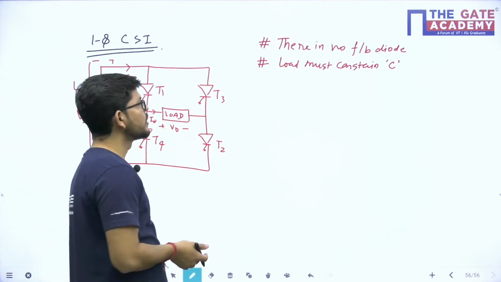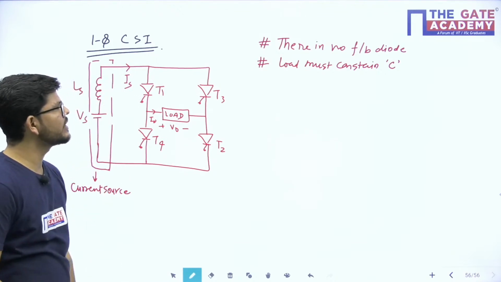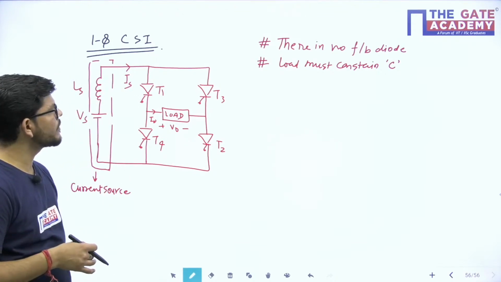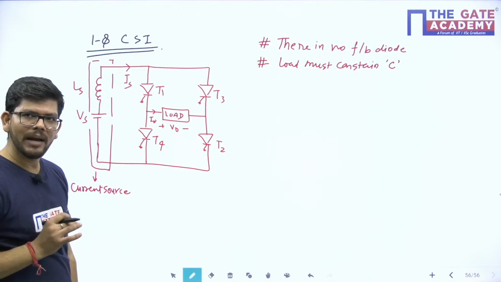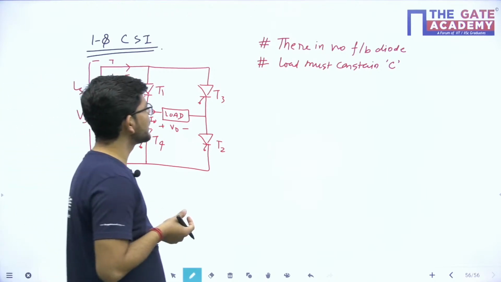So there is no need of a feedback diode in this current source inverter. The load must contain a capacitor. These are the must conditions.